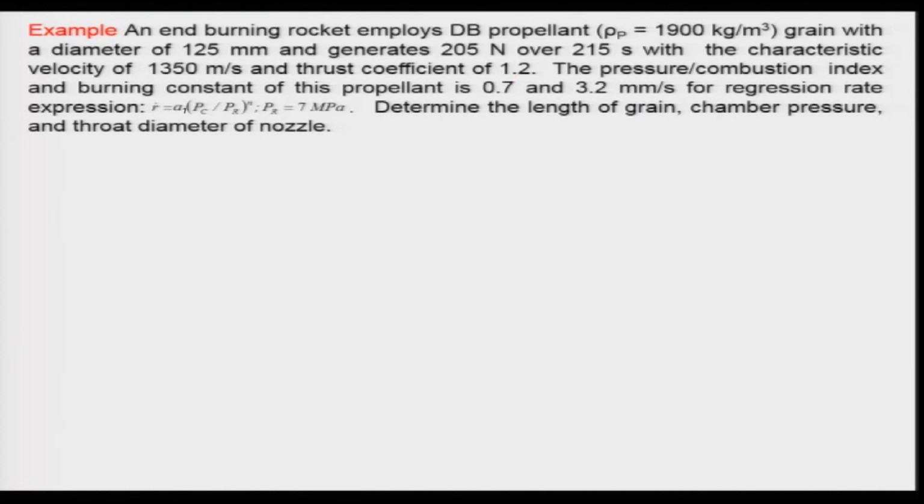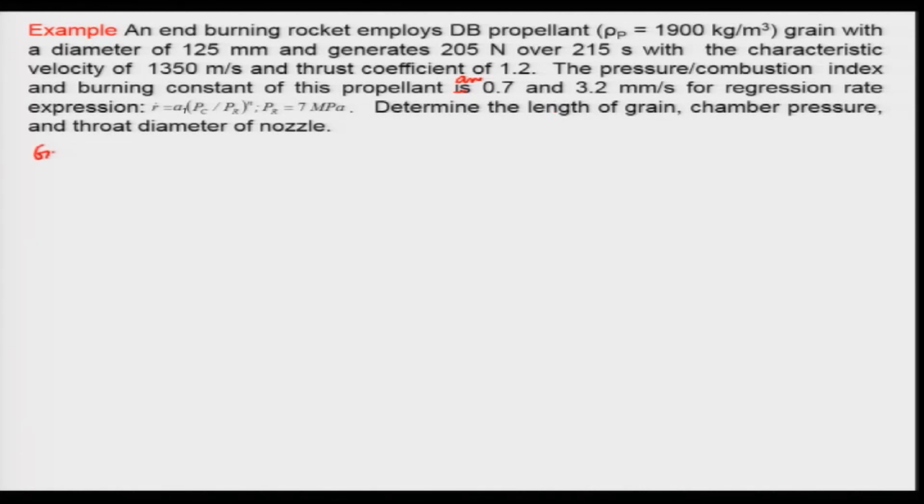The combustion index and burning constant of this propellant are 0.7 and 3.2 millimeter per second for the regression rate expression r dot equal to a1 (P_C divided by P_r) to the power n, and the reference pressure is 7 megapascal in this empirical relationship. We will have to determine the length of the grain, chamber pressure and throat diameter of the nozzle.